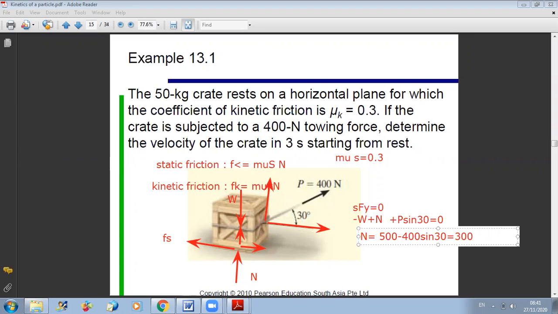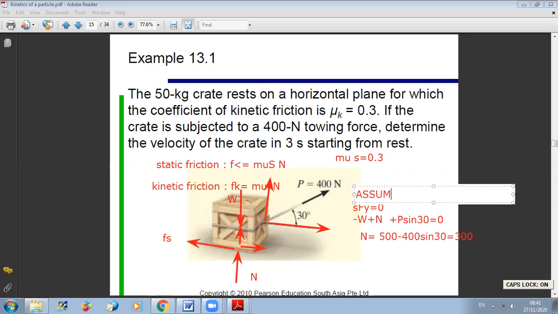Now, if I want to calculate the value of F, to know if it's smaller than mu s N or not, assume, as we said, that it's static friction. If it's a static friction, this means my box is in equilibrium. It will not move. So since I assume static friction, no sliding between the box and the ground, the box is at rest.